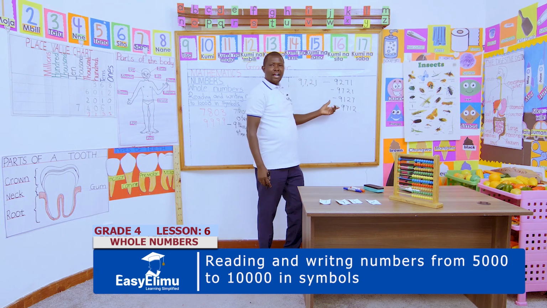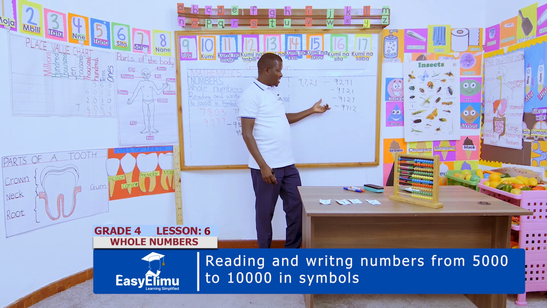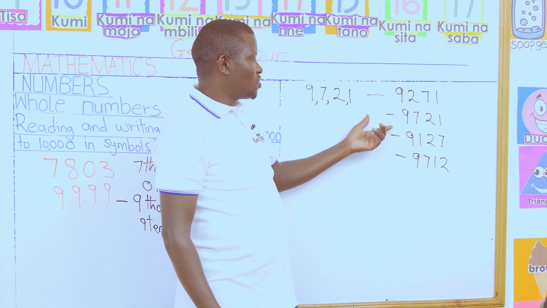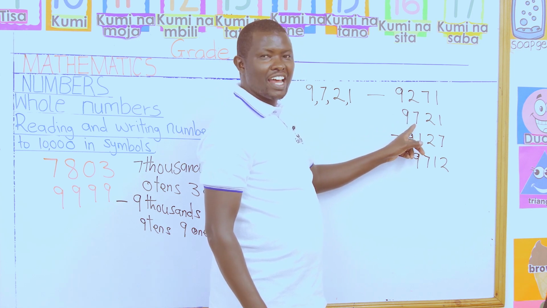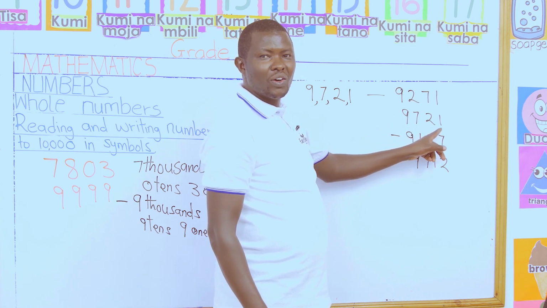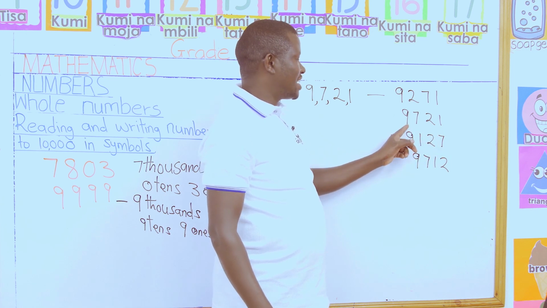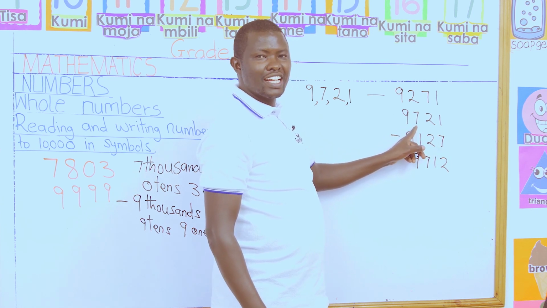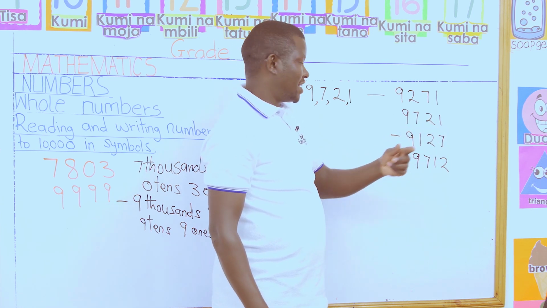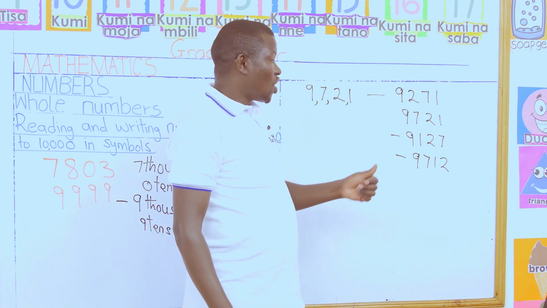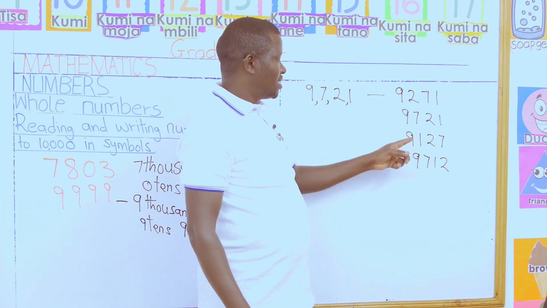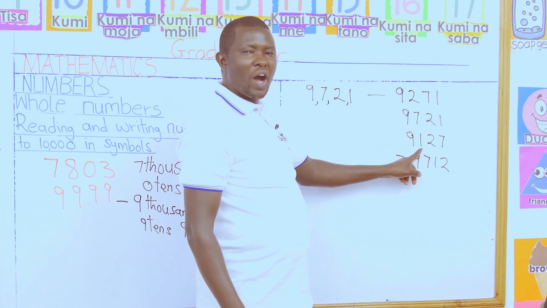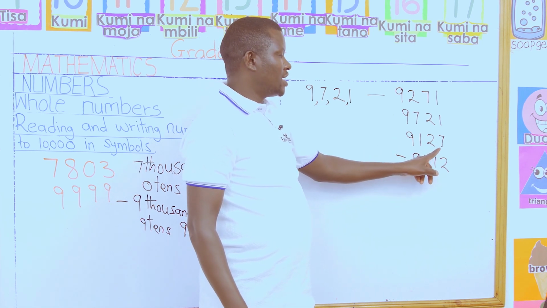Now, can we read them in our groups? Victoria, in your group, can you read the second one? 9,721. Can we repeat? 9,721. That is correct. Wow. Tom and your group, can you read this other number formed? 9,127.